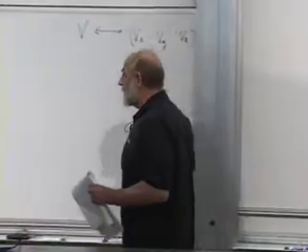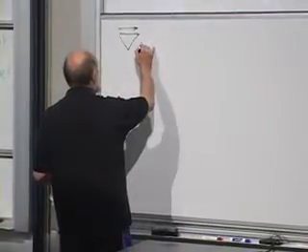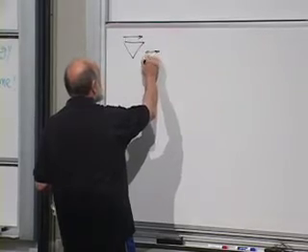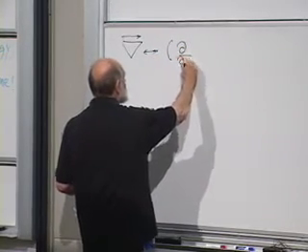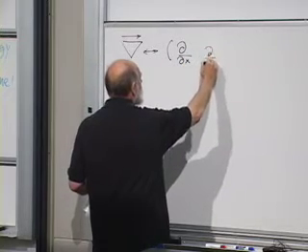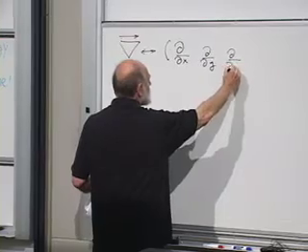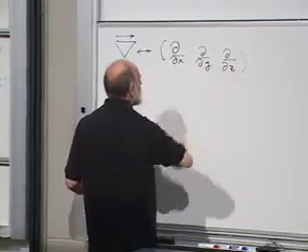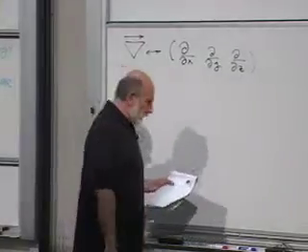Okay. The symbol del with an arrow above it stands also for three objects, but those three objects are really derivatives. Derivative with respect to x, derivative with respect to y, and derivative with respect to z. So whenever you see a del, it always means you're differentiating something.